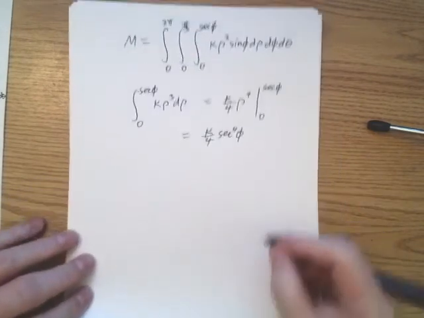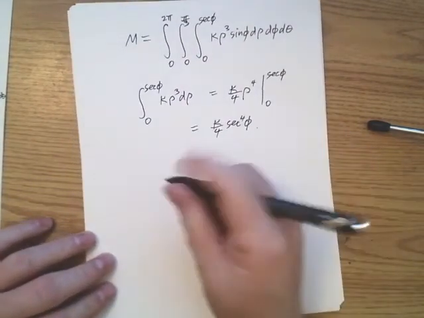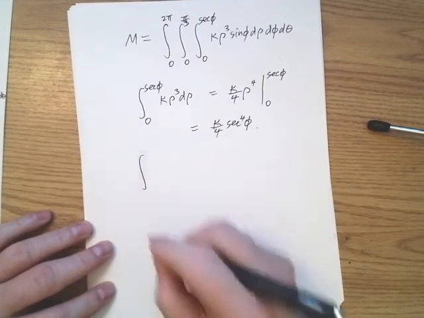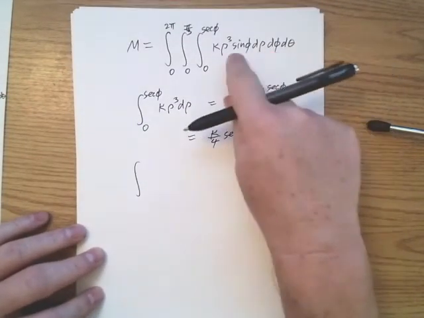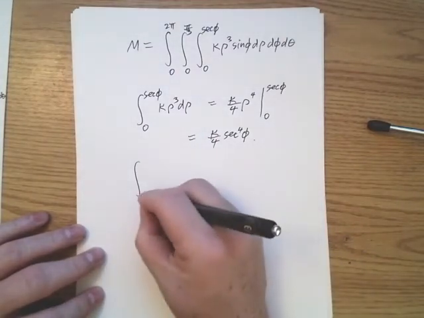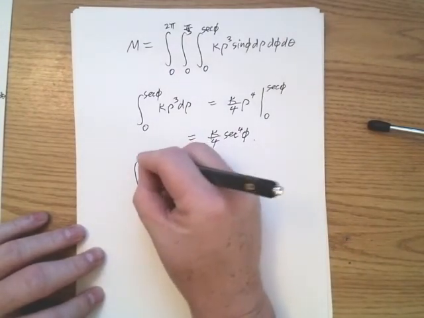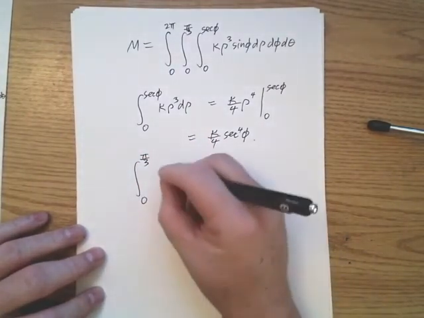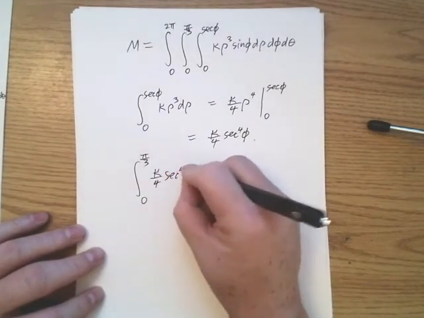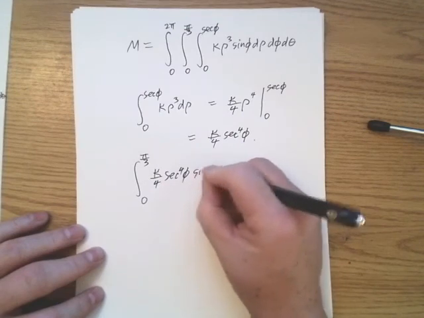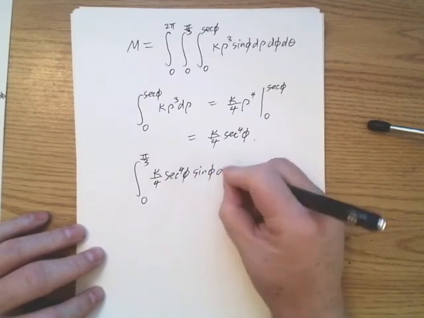So that's my innermost integral result. Then I need to integrate that with respect to phi, and don't forget your sine of phi in there. You're going from 0 to pi over 3, k over 4 secant to the 4th phi sine phi d phi.